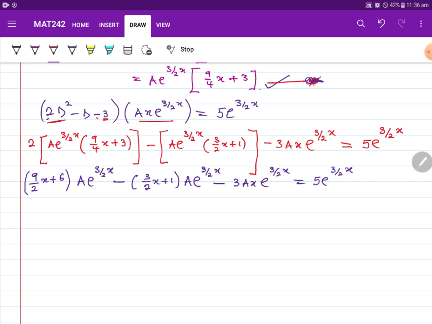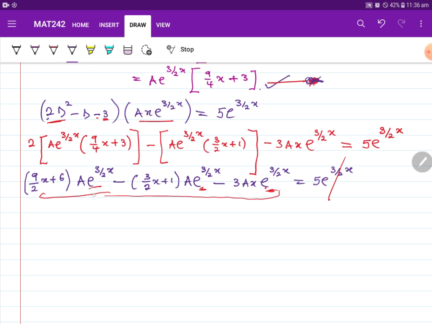From this left hand side, e^(3/2 x) is common in everything here. I can factorize it out. So factorizing this e^(3/2 x) will cancel the e^(3/2 x) on the right. It cancelled each other.